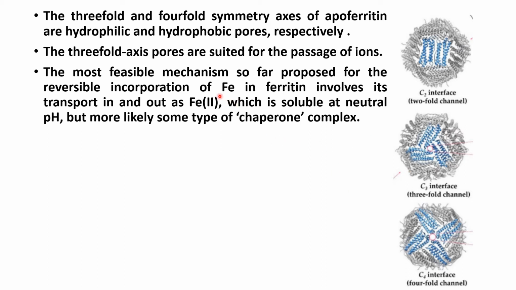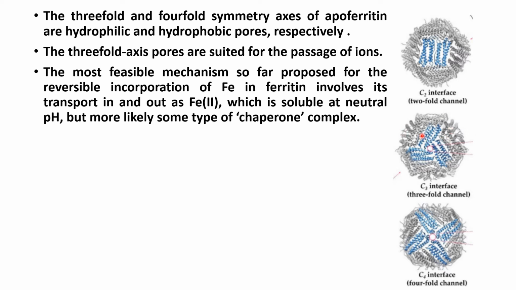So we know ferritin is a storage unit of iron, but the most feasible mechanism for the reversible incorporation of iron in ferritin involves its transport in and out as iron 2. Okay, iron 2.